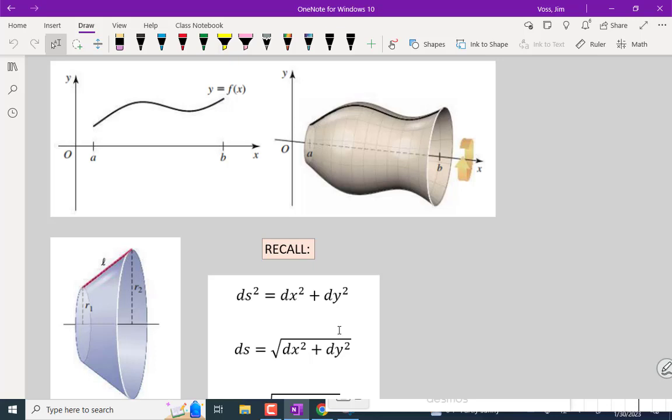Anytime we're finding area or volume in 3 dimensions, or even area in 2 dimensions, we come up with approximating geometric shapes. Your first thing was rectangles for area under a curve. When we were doing volumes, we did disks, washers, shells.